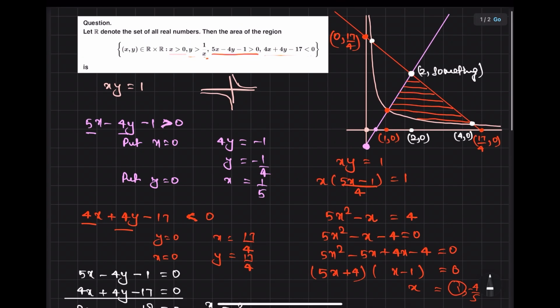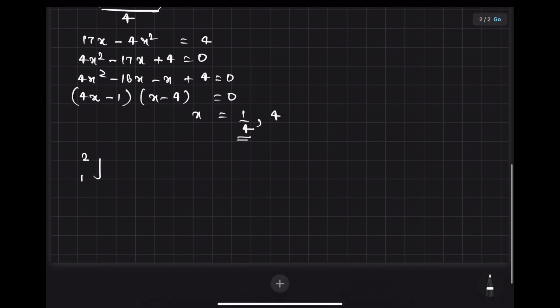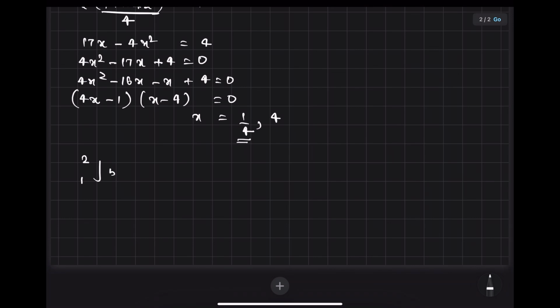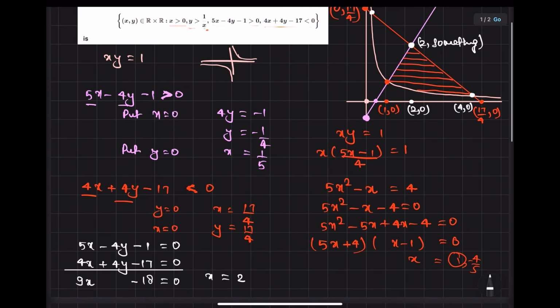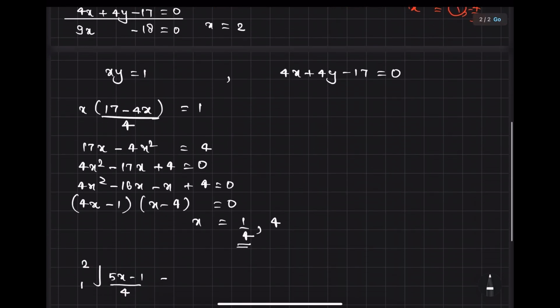So y of this line is what? (5x - 1) by 4. So this is the upper part, upper minus lower, and lower is this. So who is this lower? It is 1 by x.